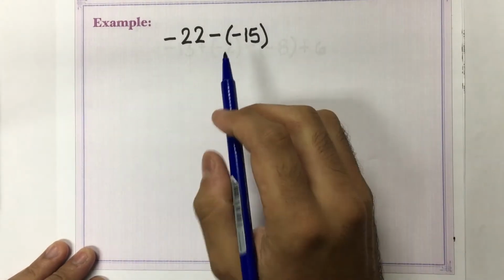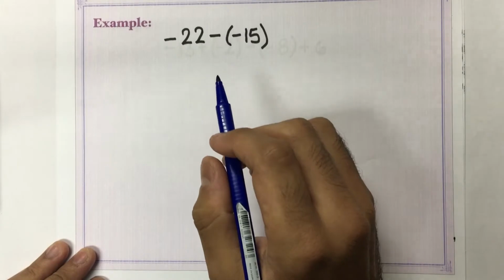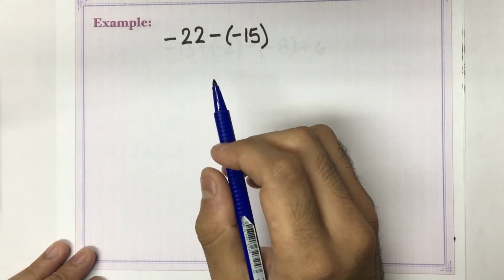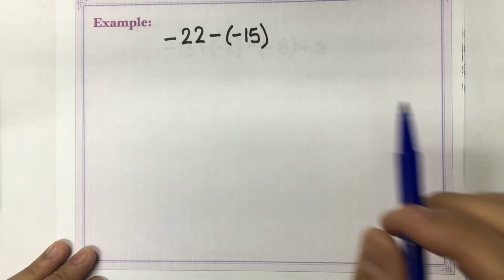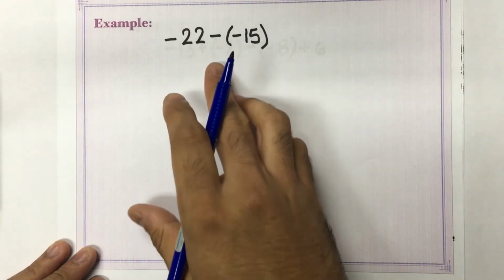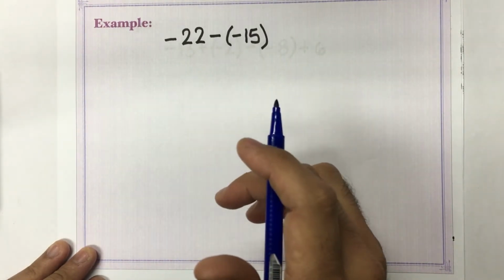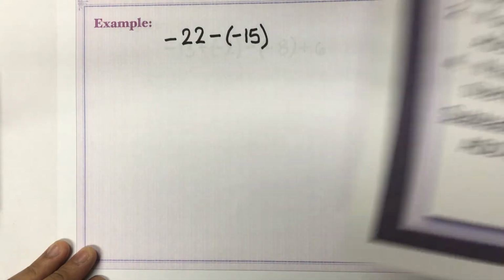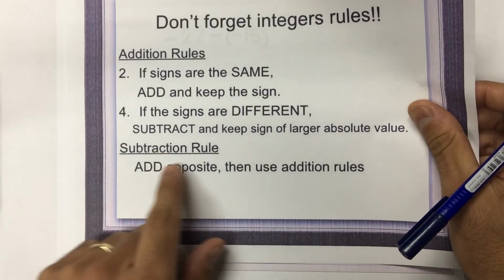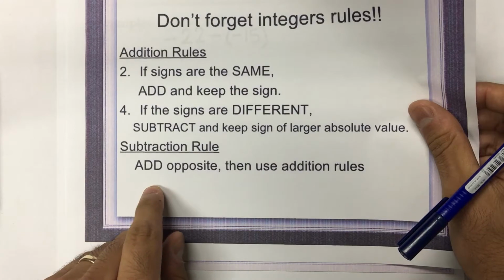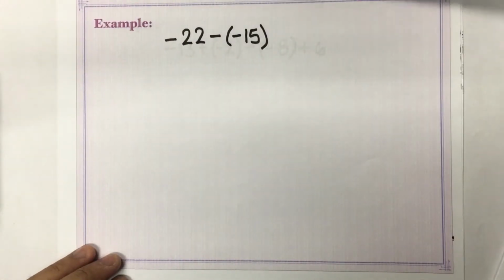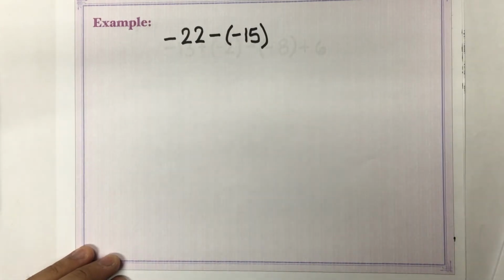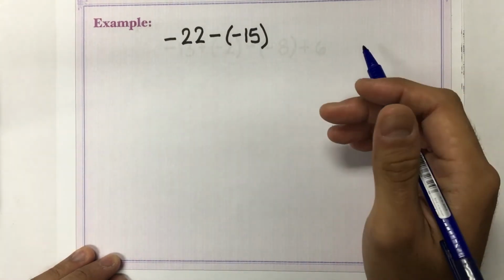Now we're going to be doing one with a subtraction. Remember what we said before. When you're subtracting, the operation actually changes into that of an addition. So what we're going to be doing is, over here's the rule, in a subtraction we actually add the opposite of the second number, and we use just the regular rules of addition that we described before.